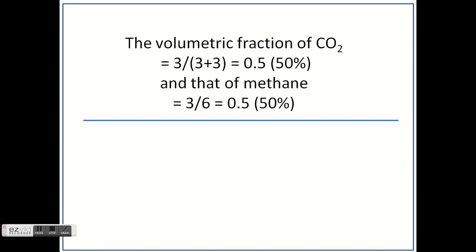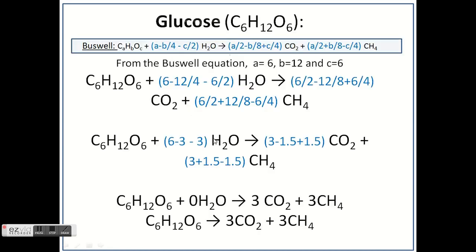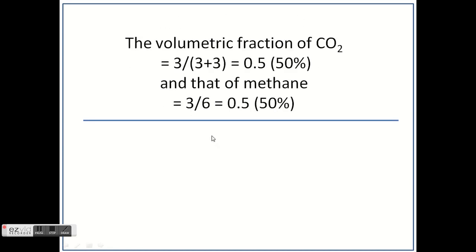Now the volumetric fraction of carbon dioxide will therefore be 3 over 3 plus 3, the 3 moles of carbon dioxide and the 3 moles of methane. And that will give you 50%. If we do the same thing for methane, we'll find out that it's 50.